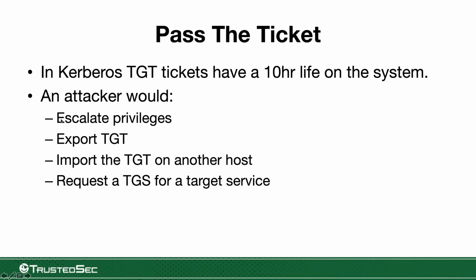I'll have to check. They'll escalate privileges, export the TGTs, then import them in another host, within those 10 hours, and then they'll request a ticket granting service ticket to the service they want.